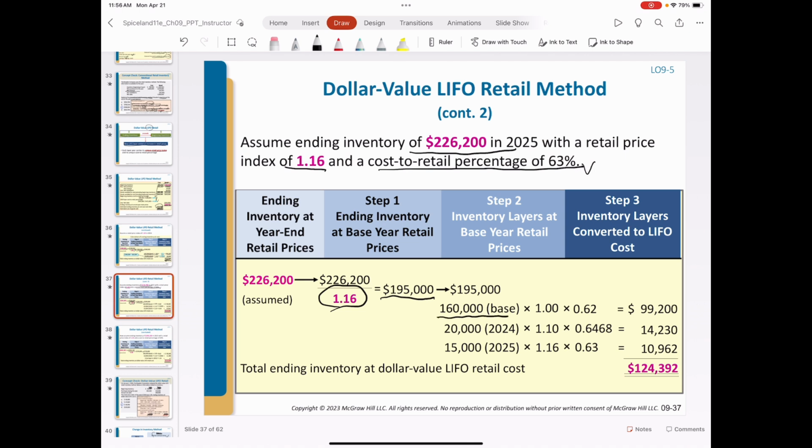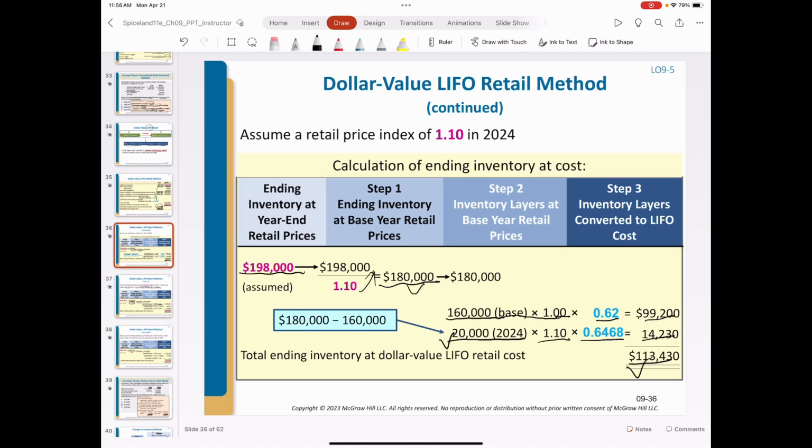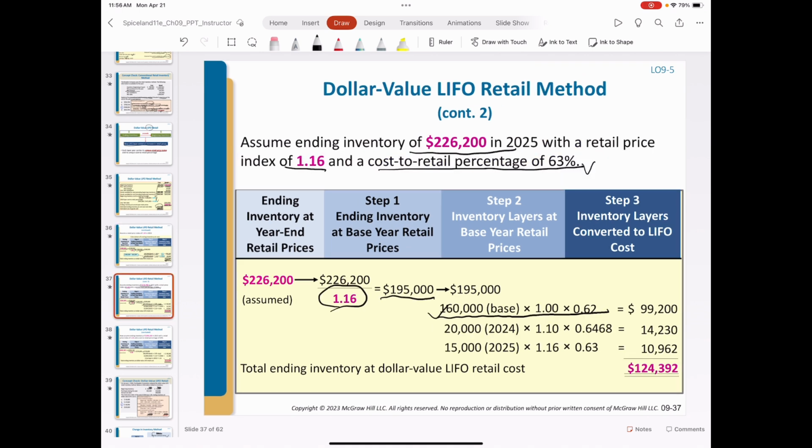Since base year, the beginning inventory was not sold, 160. Last year, 20,000. There is an additional 15 that is assumed to be a new layer from 2025. So then we apply the price index to each layer and the cost to retail ratio for each layer. Then we can have the cost of ending inventory.